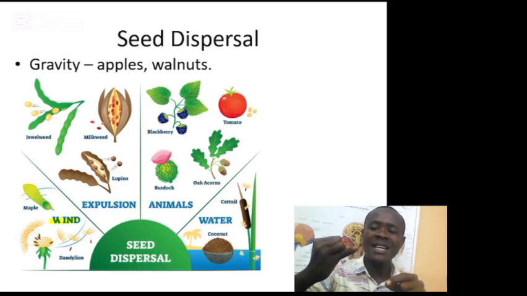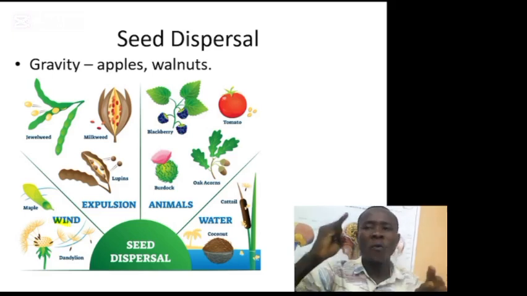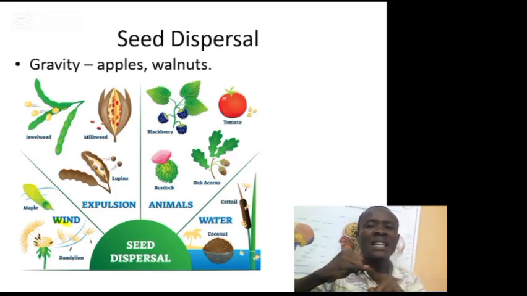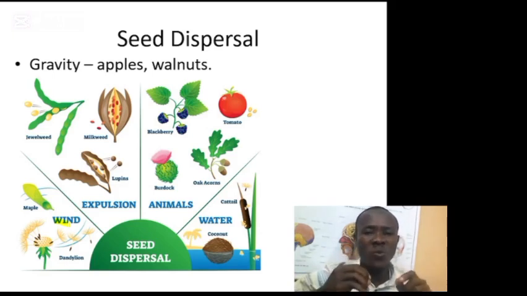So the seed that has to be dispersed by wind, one, the seed has to be light-weighted. It cannot be heavy like a stone. They cannot be blown away by the wind. So one, it has to be light-weighted. Then some seeds develop wings, like we have in samara. They develop that wing so that they will use that wing to fly in the air.